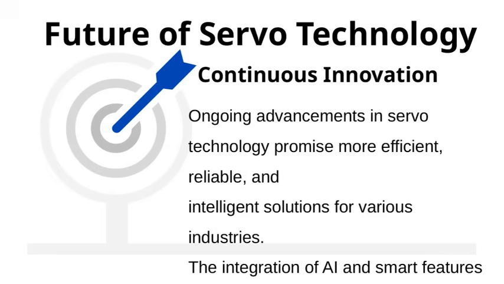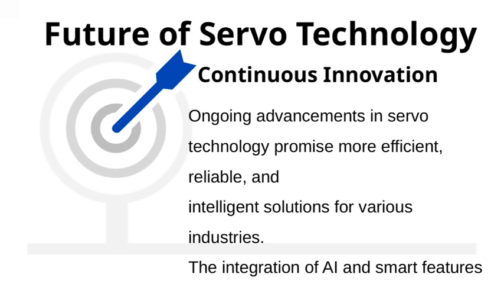We're seeing ongoing advancements that will make these systems more efficient, more reliable, and smarter than ever before. This means we can expect servo solutions that not only perform better, but also adapt more seamlessly to the needs of different industries. One of the most exciting developments is the integration of artificial intelligence and intelligent features.